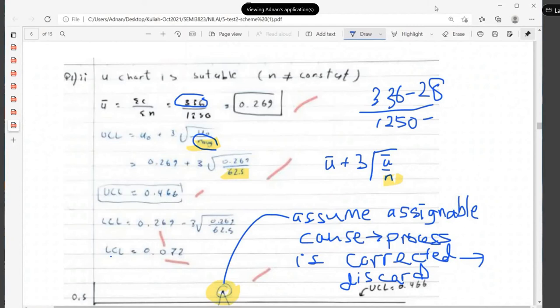Can somebody help me? 50, okay. So then you get a new U here, to plot on the chart later. And then the control limits also need to be calculated, because now your U has changed. Here they use U node. U node here is actually U bar new, the U bar that has been revised. Different people use different symbols, but you can say this is U bar revised, U bar new.